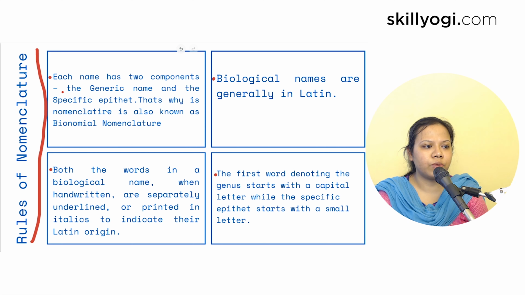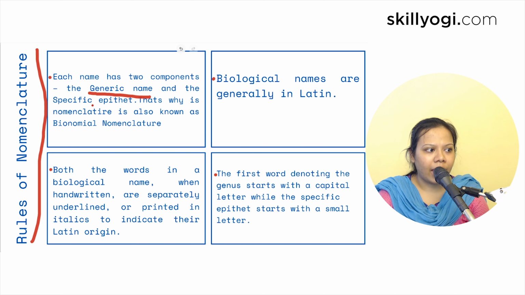What is the first one? Each name has 2 components, the generic name and the specific epithet. Each species has 2 names: number 1 is the generic name and number 2 is the specific epithet, or the species name. In this nomenclature, two different names are used.